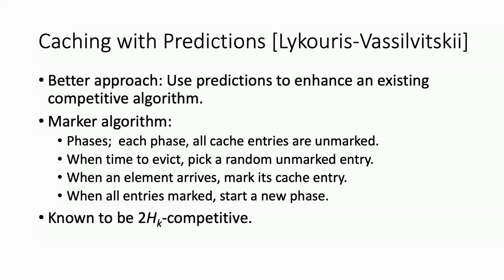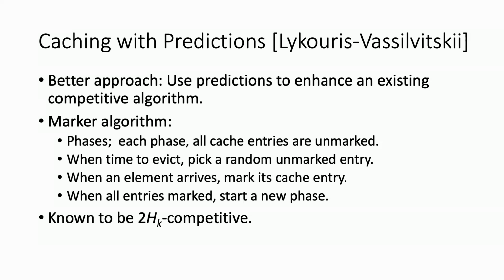When it's time to evict something, you pick a random unmarked entry and throw it out. When an element arrives, you put it in the cache and you mark it. Eventually all the entries in the cache are going to get marked and you start all over again. And this avoids the A problem in some sense, because after some amount of time, everything gets marked and you start all over again, everything's fresh and has the potential to be kicked out.